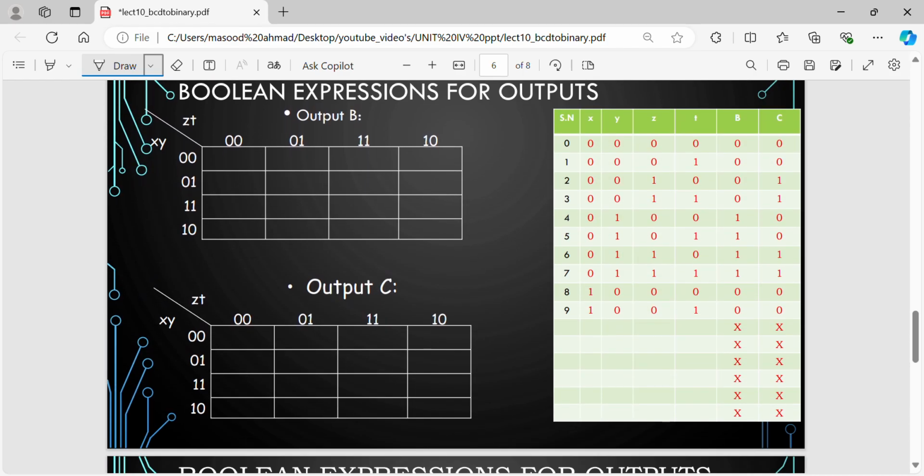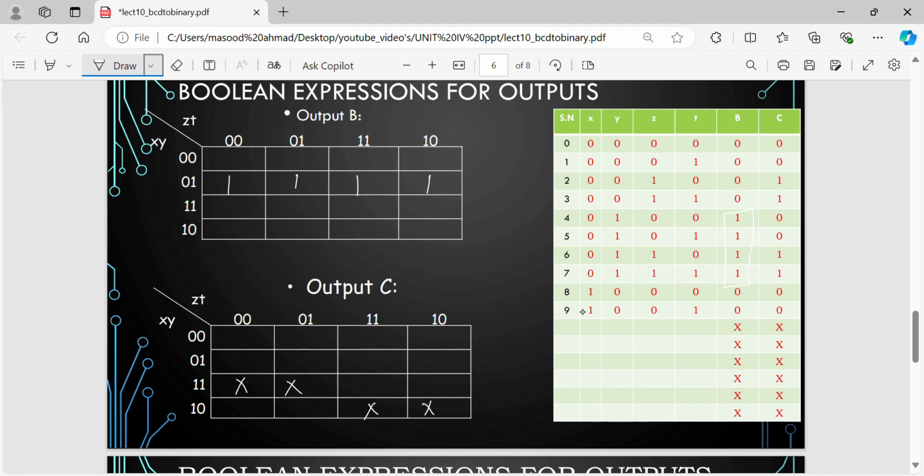Now look at B and C. Enter the values of B to get the expression for B. What are the values of B? It is 1 for these 4 cases: 4, 5, 6, 7. Next, 10, 11, 12, 13.